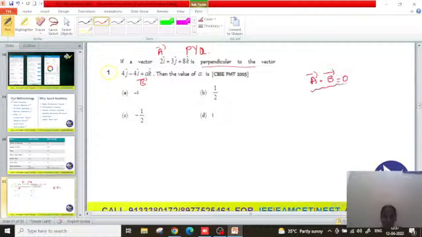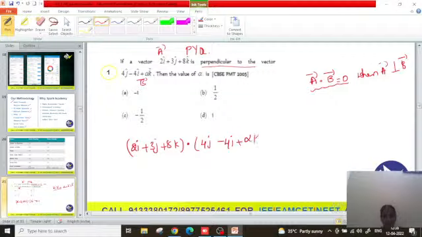So you can use this property: when a bar is perpendicular to b bar, the dot product will be equal to 0. So take the dot product of these two, 2i plus 3j plus 8k dot 4j minus 4i plus alpha k will be equal to 0.